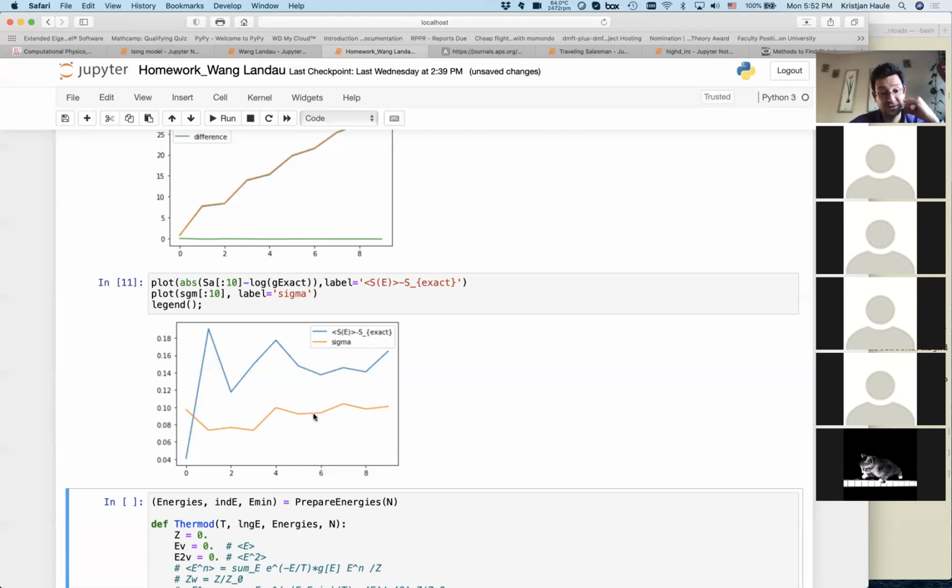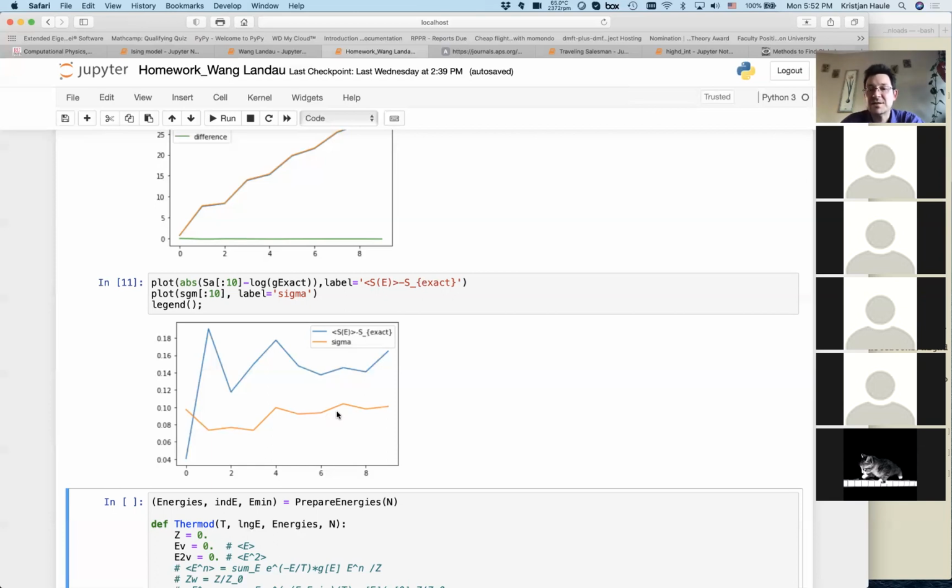So most of our points are within 2 sigma. It's still okay. 2 sigma is fine, can happen. When I was running it earlier, actually sigma was above this S of E minus S exact. So sometimes it's above, sometimes below, sometimes similar order of magnitude. But as long as it's similar order of magnitude, it's fine.